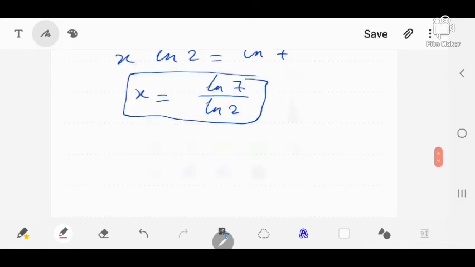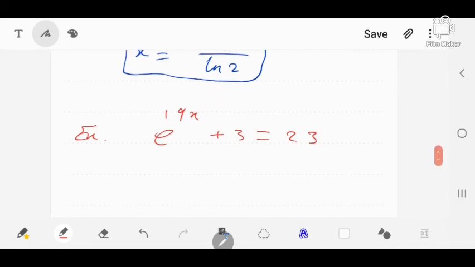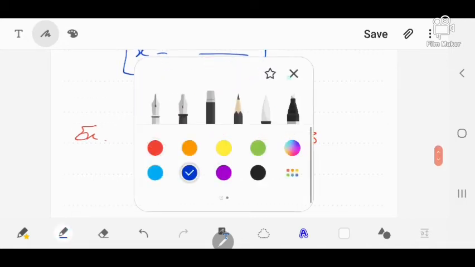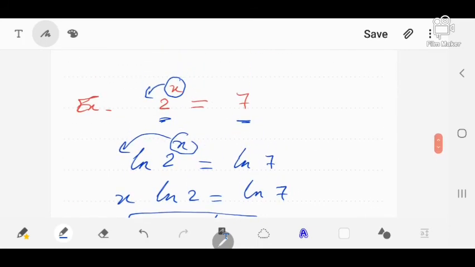Another example on this, let's say that we have e to the power of 19x plus 3 equals 23. Wow, that's e. Don't get scared. e is just like any other number. It's 2.718. So that's normal. Again, but before you apply ln, what should you do? We have to get rid of the 3. So this will be e to the power of 19x equals 23 minus 3. That's 20. Now it's just like this one.